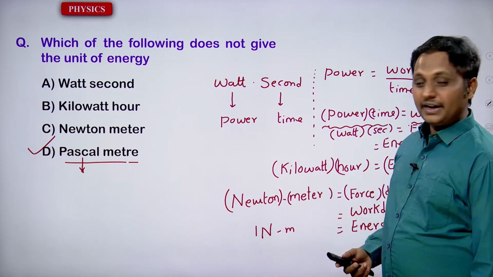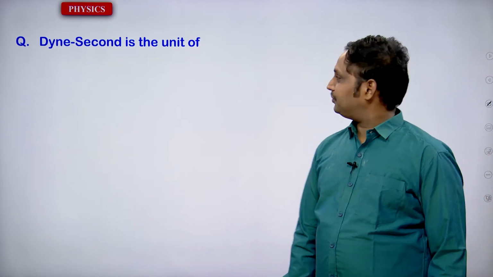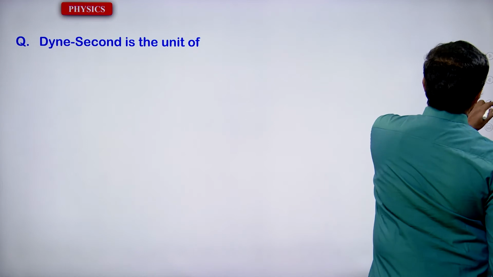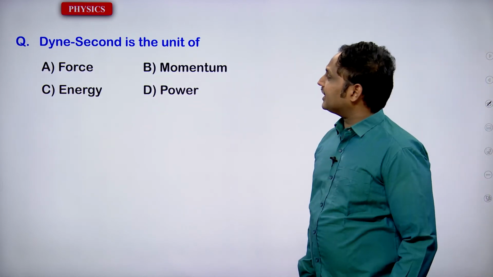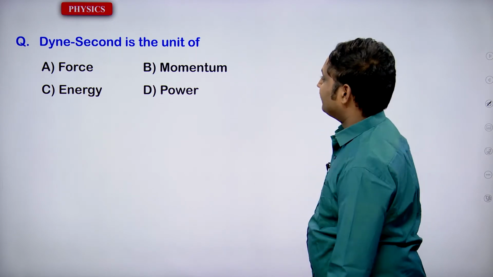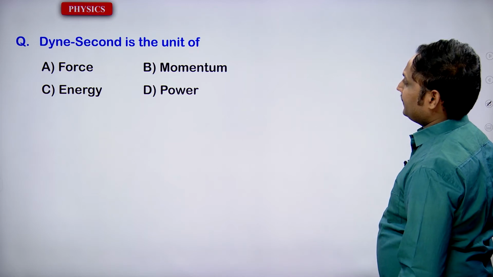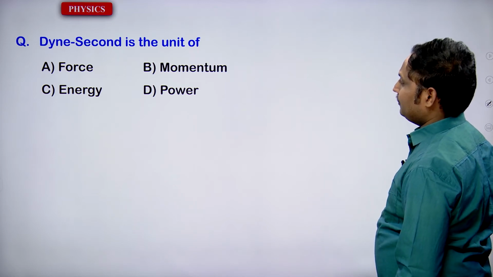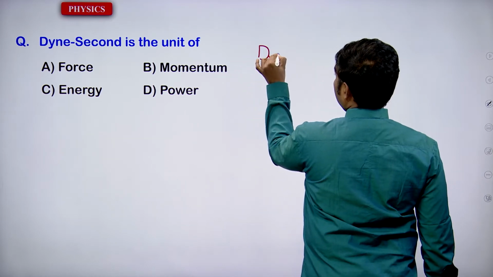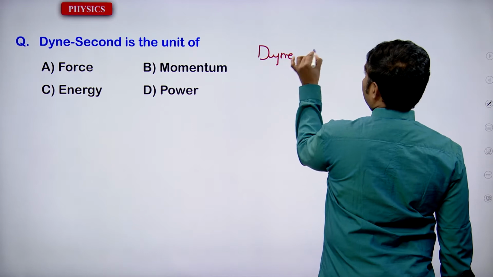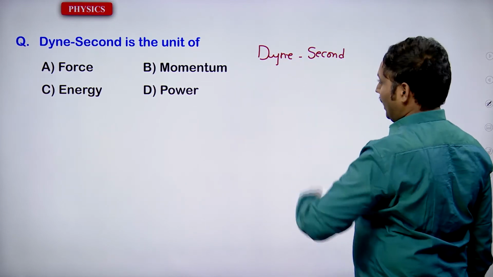Okay. Let us go for another one. Yes, Dyne-second, we have to discuss this one. Dyne-second is the unit of force, momentum, power, or energy. Let us look into that.